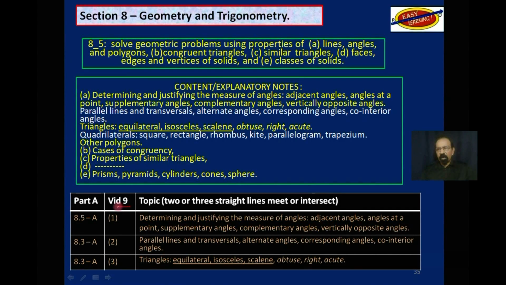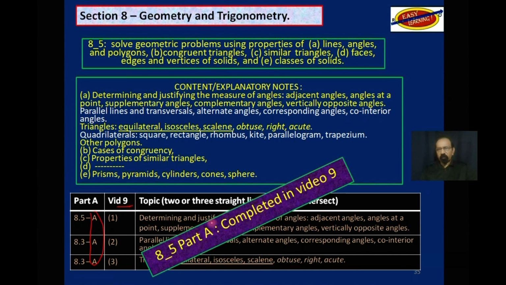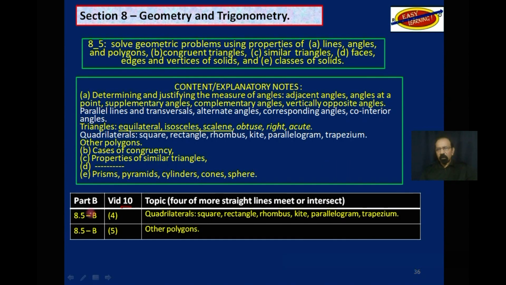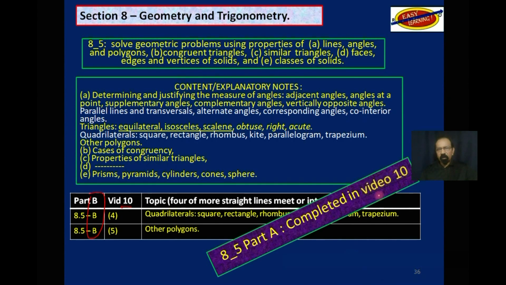So that was video 9, part A of this objective. We completed that already. Video 10, that was part B. According to my division, we completed that already.